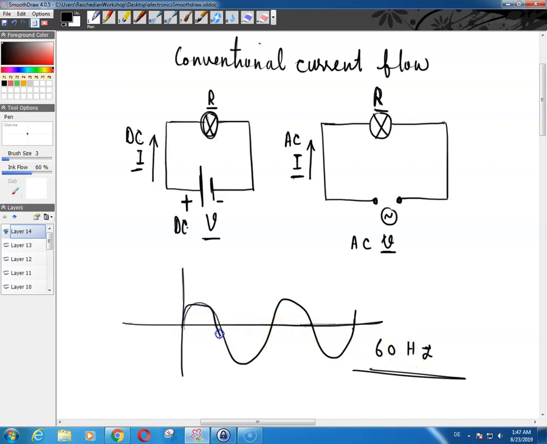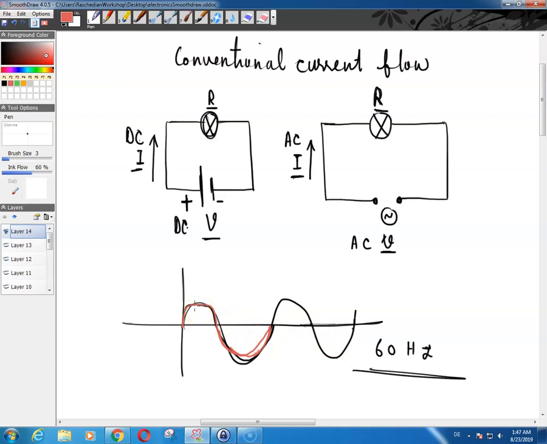Basically, this over here would be 1 complete cycle, going from 0 to 0 and then 0 to 0 again. So that would be 1 complete cycle. So then what that means is that in 1 second you have 60 of these cycles.